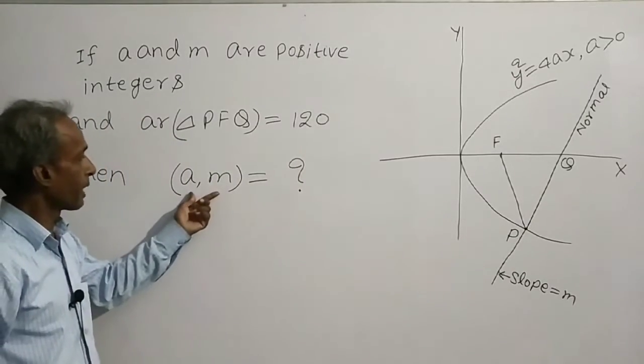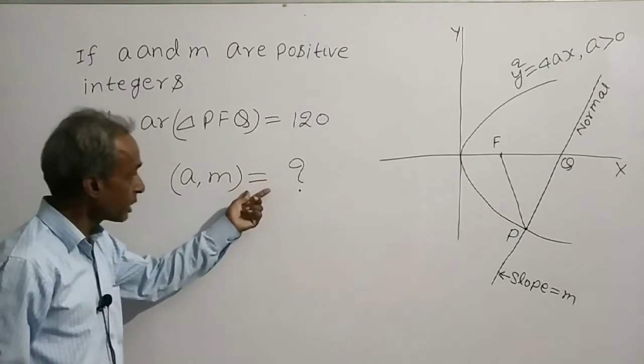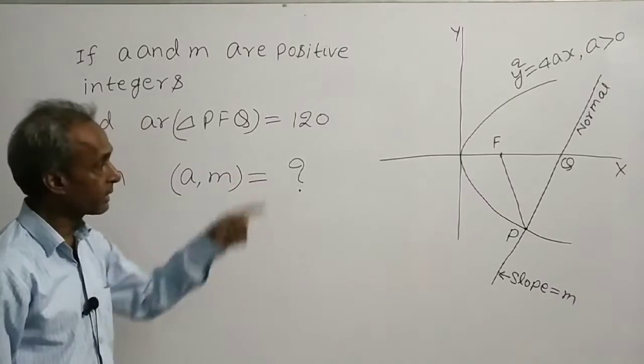Then the ordered pair (a, m) is equal to what? This is the question.